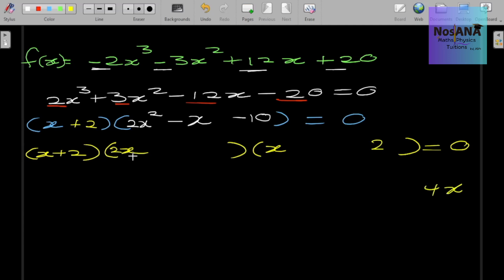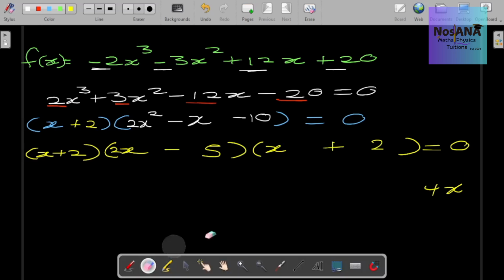But now if I have 2, that means that I need to have 5 over here, right? So now this is going to give me what? When I say 5 times x, it gives me 5x. I already have 4x there. Now what happens is 1 has to be negative. Since I have minus, this has to be minus, this has to be positive. Voila. You see that? Easy stuff, easy stuff.